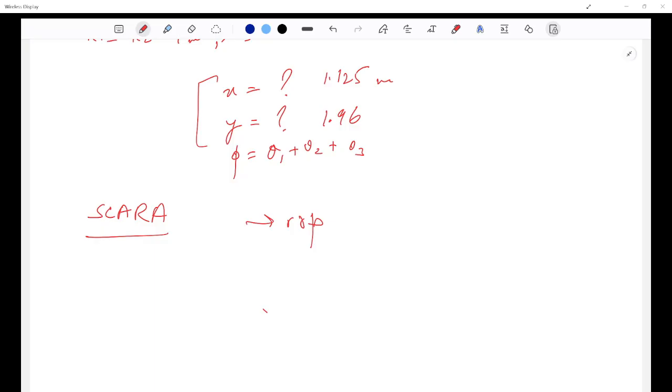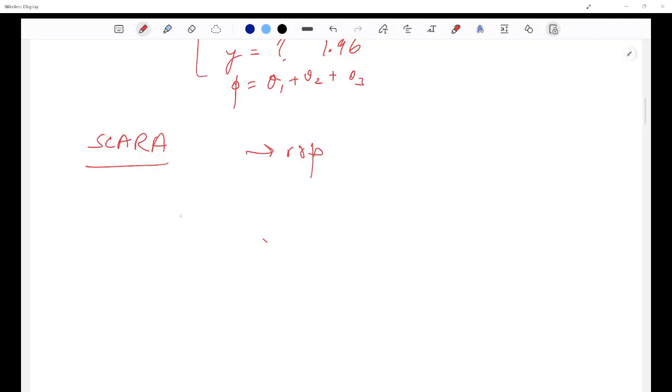Based on that, can you tell me what is x, y, z? So you'll have z also coming in there. There are two revolute joints, so the motion is mainly in the horizontal plane but orientation is only about the z axis. So position is given by x, y, z and orientation is given by phi, right?